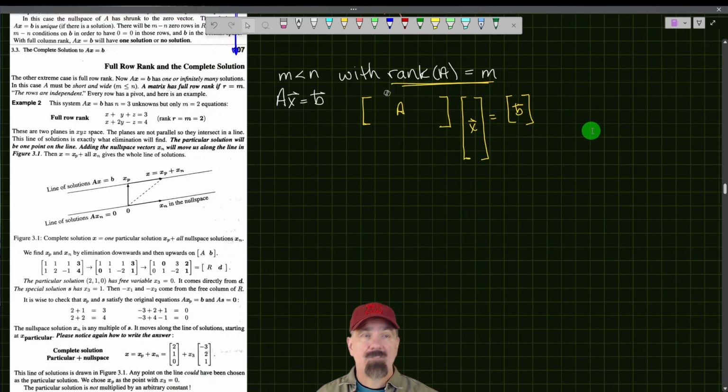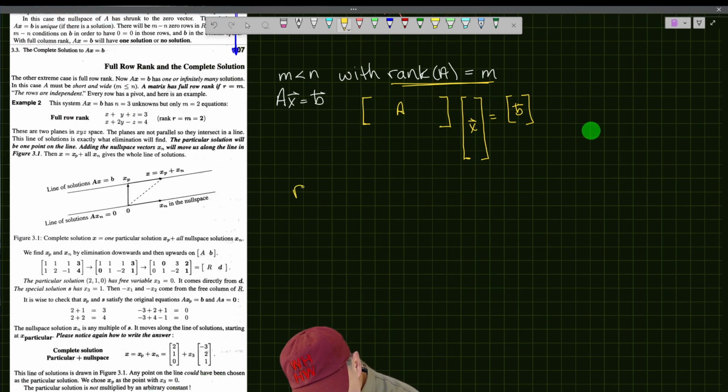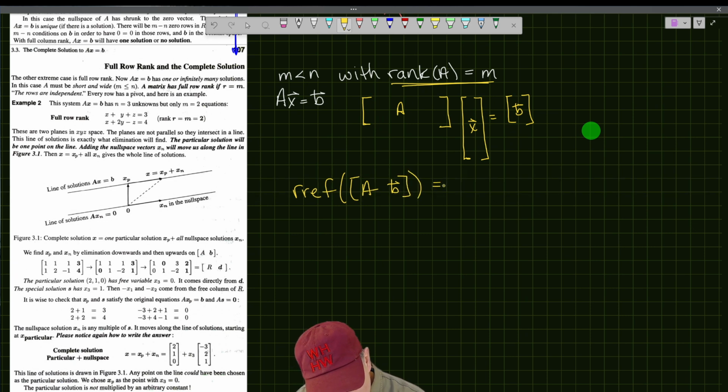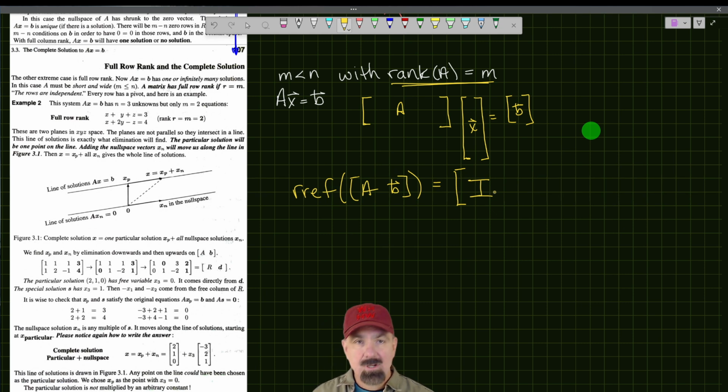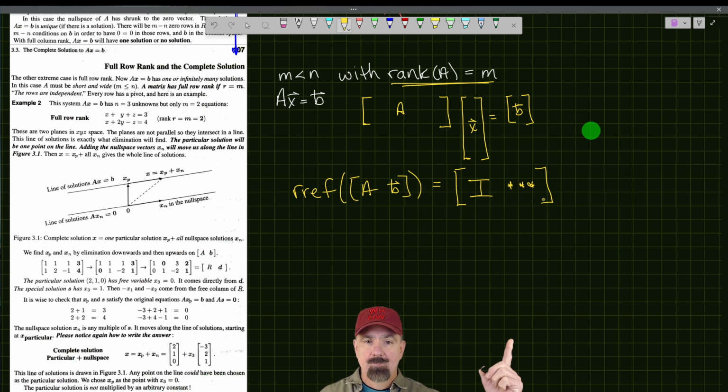What is the RREF of A augmented with B? We're going to RREF, and we're going to build our augmented matrix as we always do, A augmented with B. Now what we're going to end up with is this identity matrix, and what Strang calls F. I'm not going to include that in there, but we're going to end up with extra information in here to fill out all of the columns.